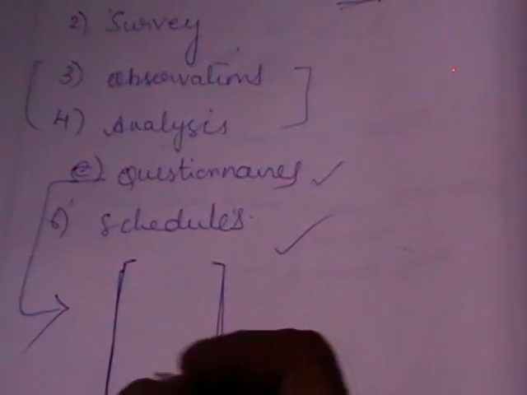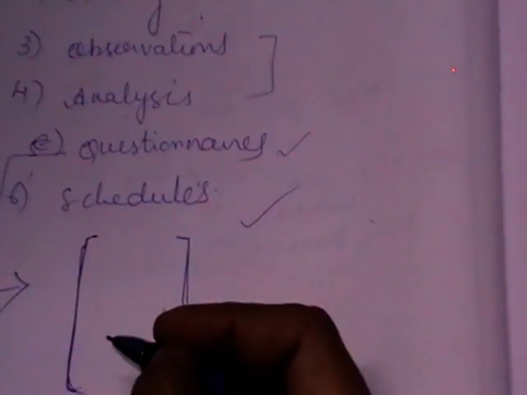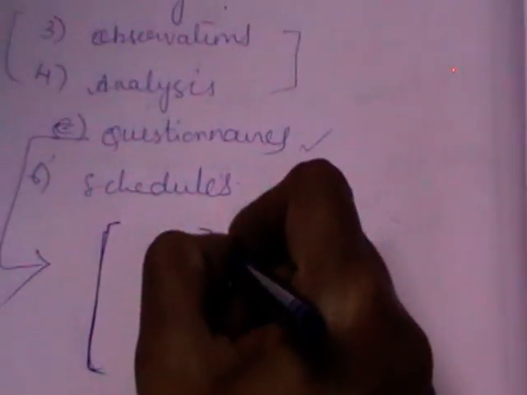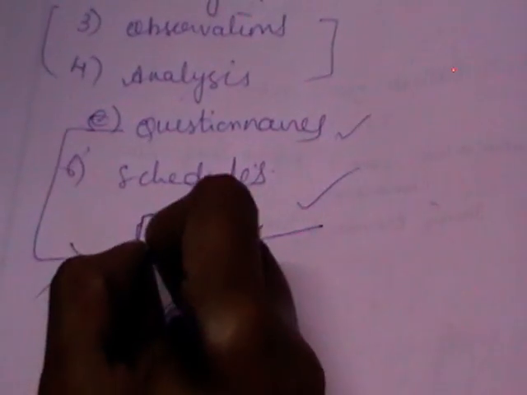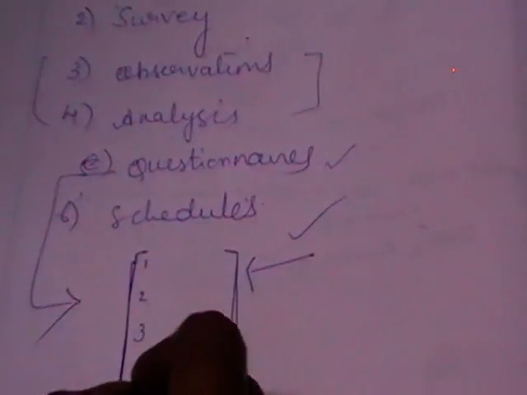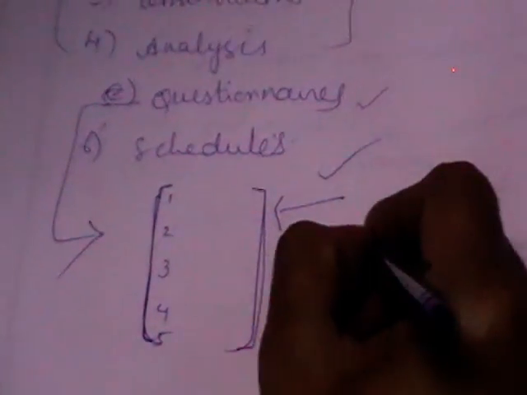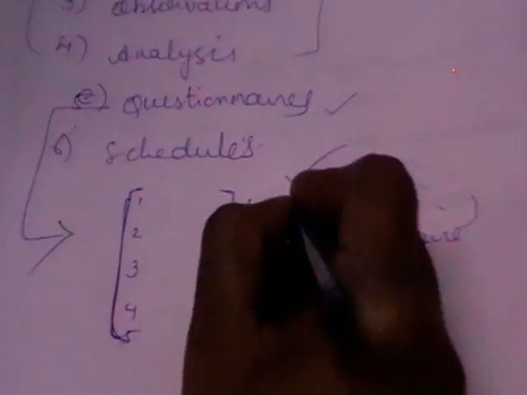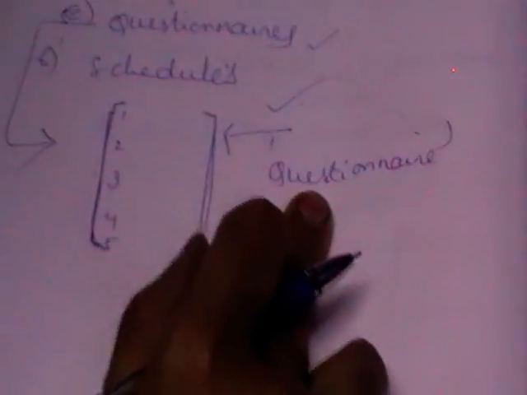Survey means getting information from a large number of people. To get the answers to the required questions, we prepare a list of questions, which is called the questionnaire. A questionnaire is a list of questions related to a particular survey.